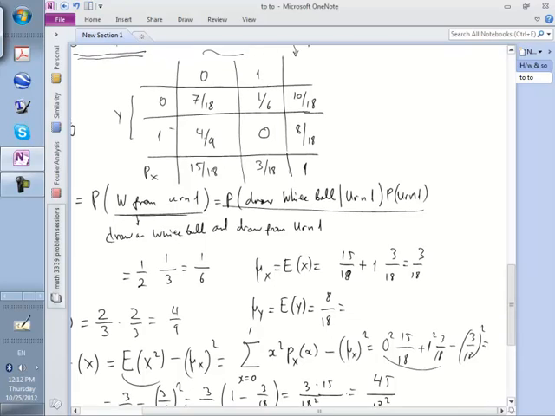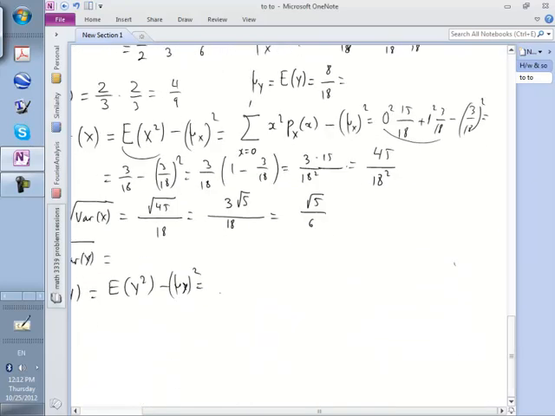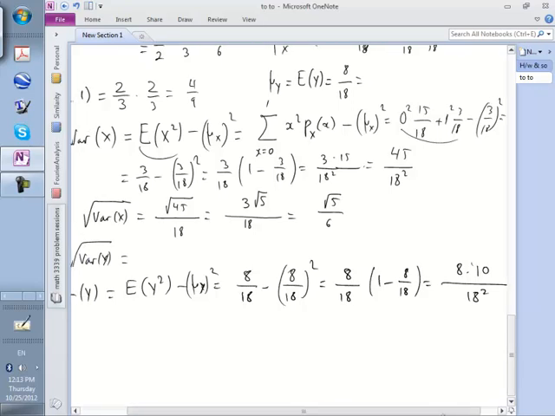So that will be 8/18 minus the mean of y squared, which is (8/18) squared. So again, we have the same type of calculation, 8/18 times 1 minus 8/18. So that will give us 18 squared in the denominator, and 8 times 10, which is 80.